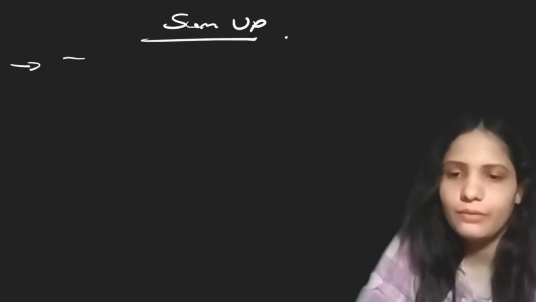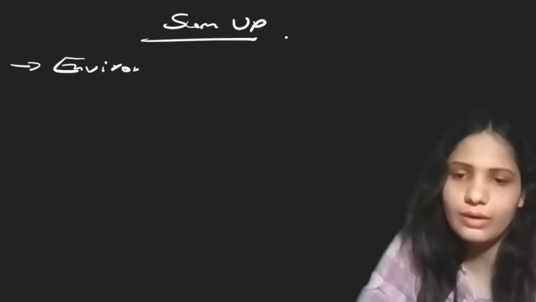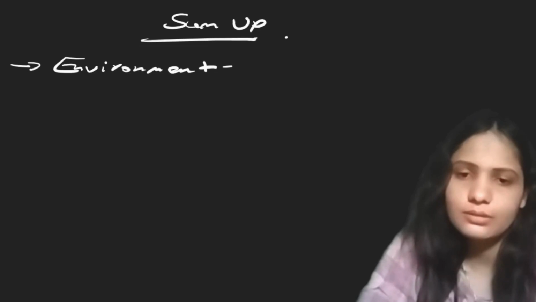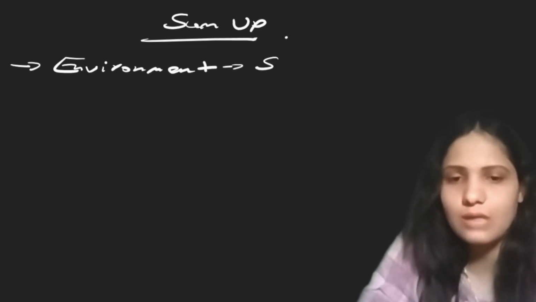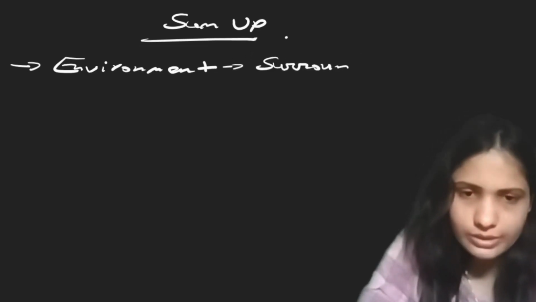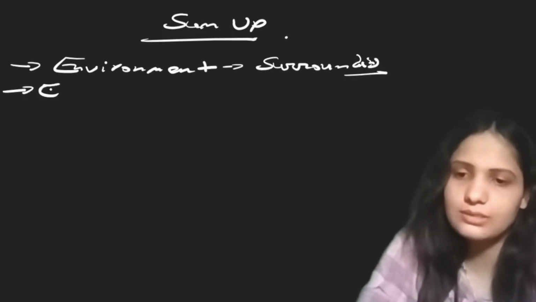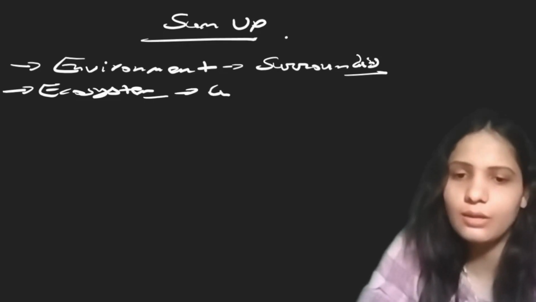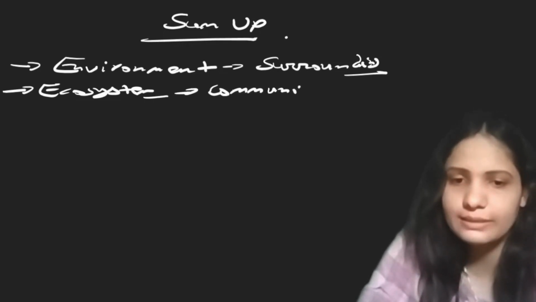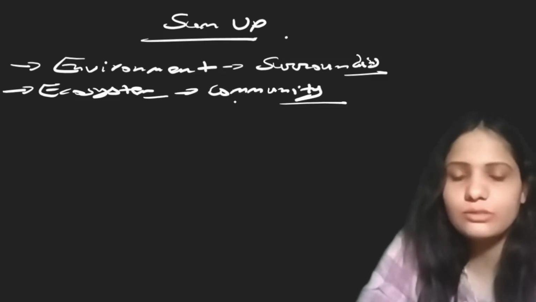Next, here we have the summary of what we have discussed in today's lecture. First, we discussed the environment. What is environment? The things which are present in our surroundings. Then we discussed the ecosystem. An ecosystem is a community and the members of this community.